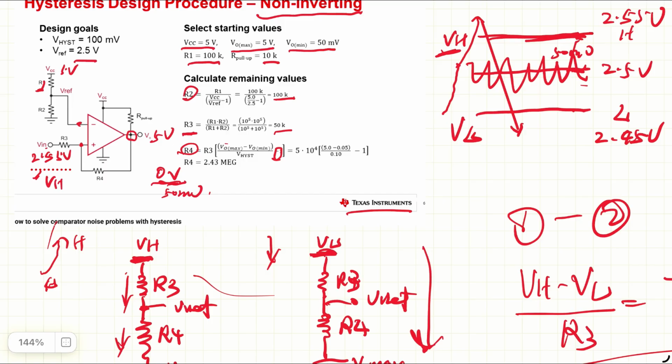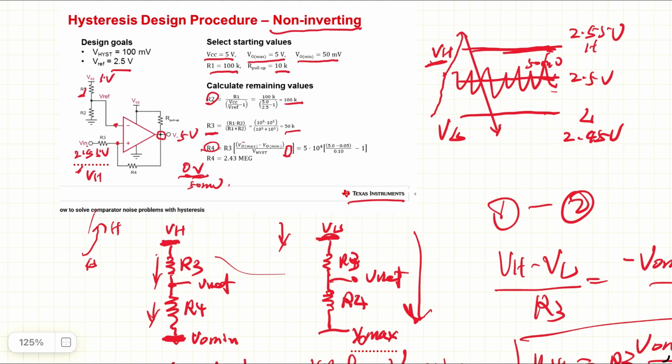Even if you subtract 1, it makes very little difference. In any case, if you solve this equation, you get R4 equals 2.43 megaohm.